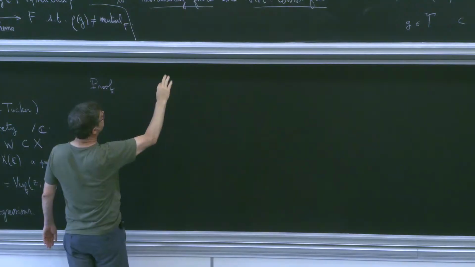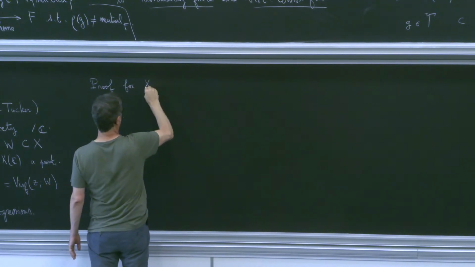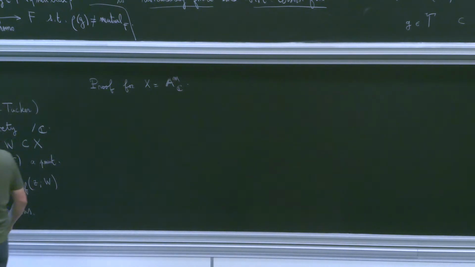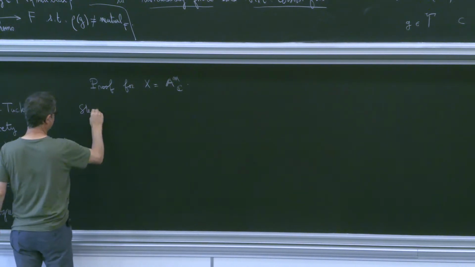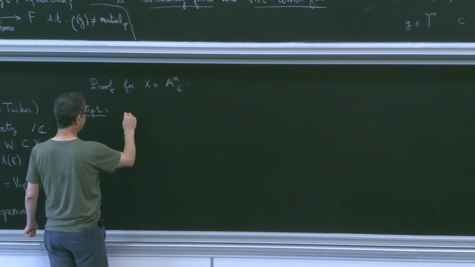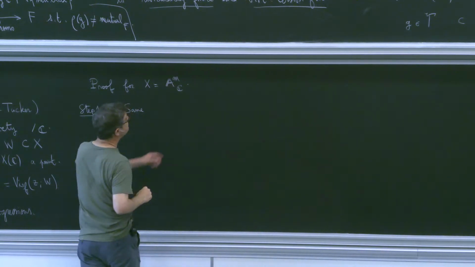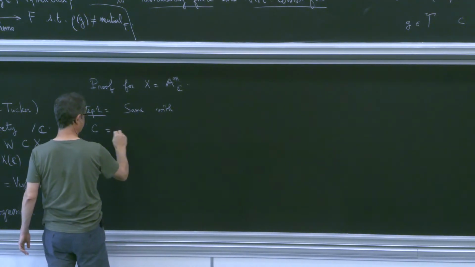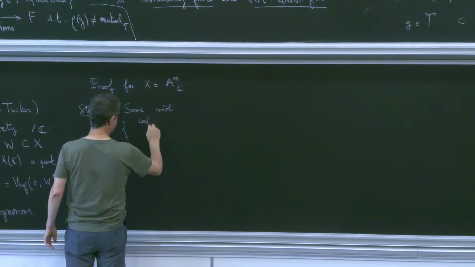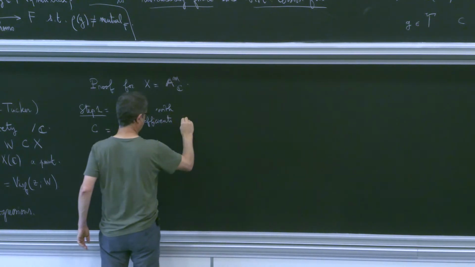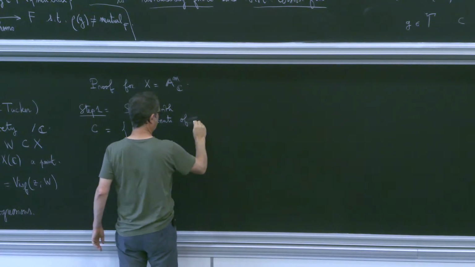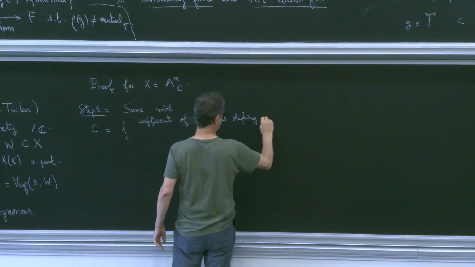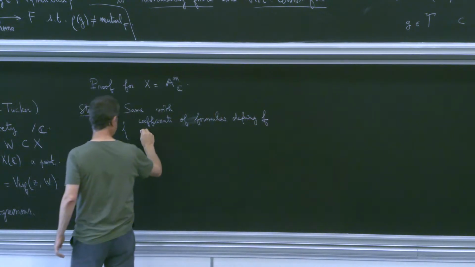Let's say, again, I will prove it for X the affine space. And step one is the same step as in the previous proof with C, where you put in C the coefficients of formulas defining your automorphism f. You put the coordinates of z.